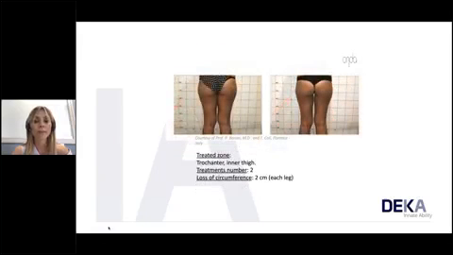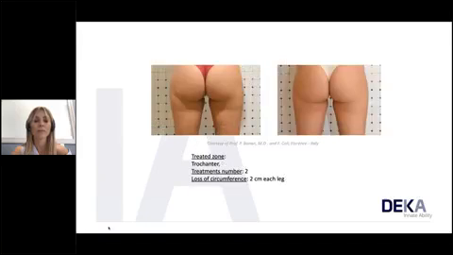You see here the loss of circumference of 2 centimeters after 2 treatment sessions. And again, you can appreciate the improvement if you look at the gradeboard behind the patient. Again, the improvement in skin quality and loss of circumference of 2 centimeters for each leg.